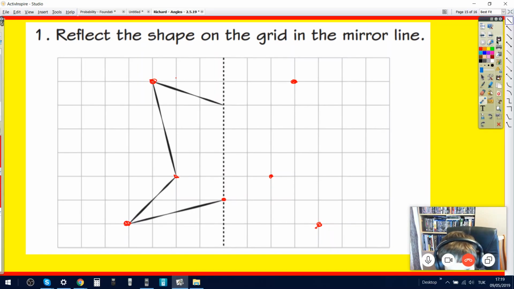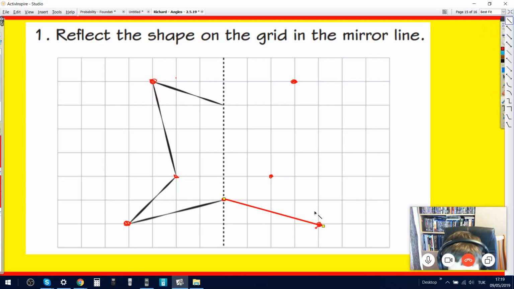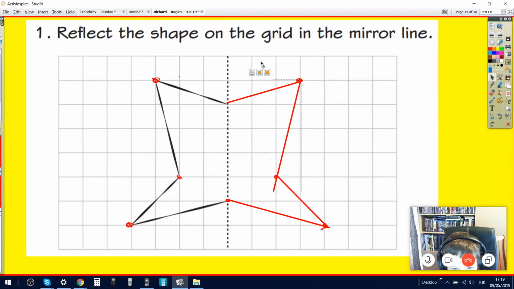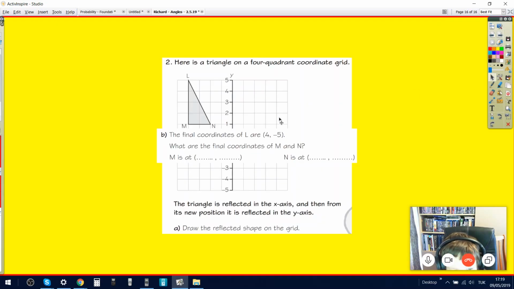That's 0 away, so this stays the same. And then we just join these up. You just take the main points and do those. Any questions there? Nope, I don't have any. It should look like a reflection.